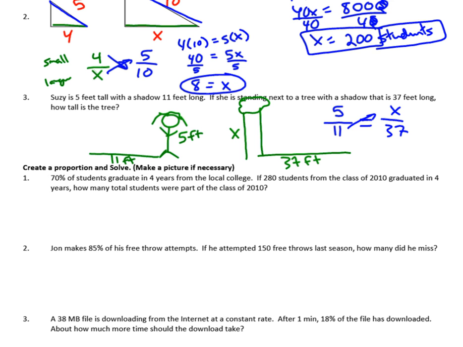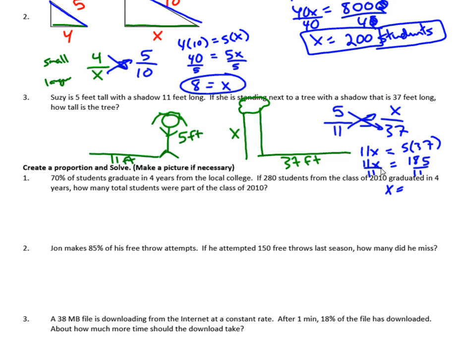And so then I'm going to cross multiply. So I've got 11x is equal to 5 times 37. And again, you could do the 5 times 37, and that'd be fine. And if we multiply that out, 11x is equal to 185. And divide by 11 on both sides. I'm going to run out of room here, but hopefully you had enough room as you're writing this.